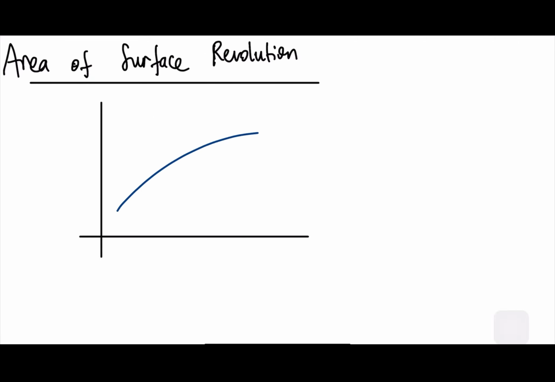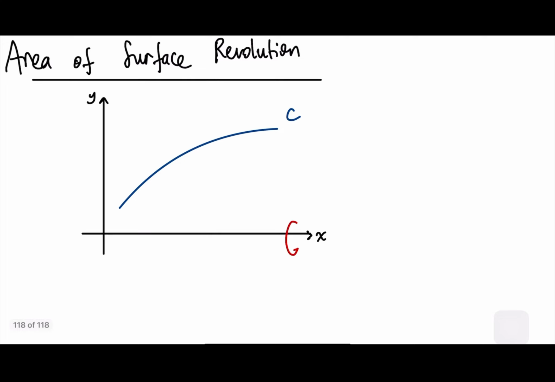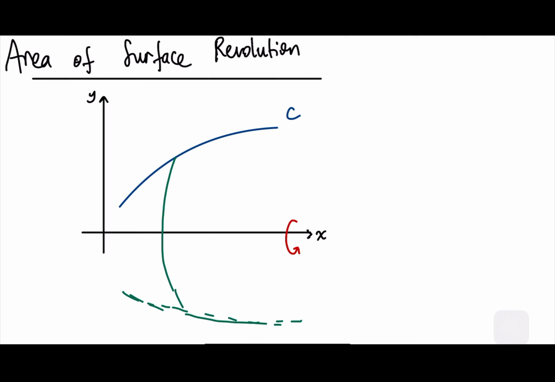Let's say we have a curve C like that, and let's rotate this curve C. If we take this area here, it will create a certain solid.